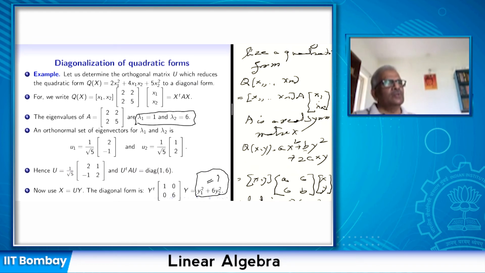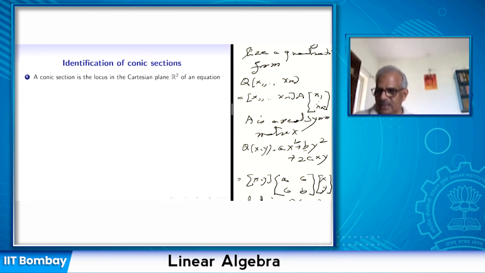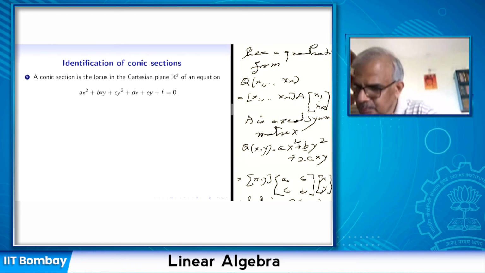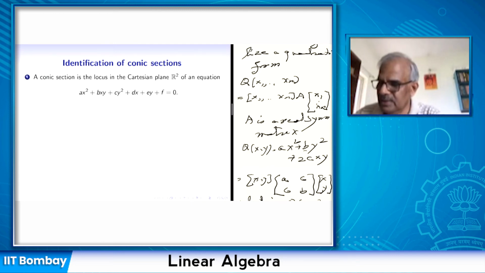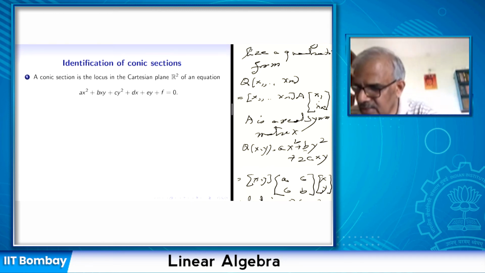To draw the ellipse, I should know the directions of the semi-major axis and semi-minor axis, and I should know their lengths. So these are given by the eigenvalues. Okay. So let us take some examples of how to do this in a general case.